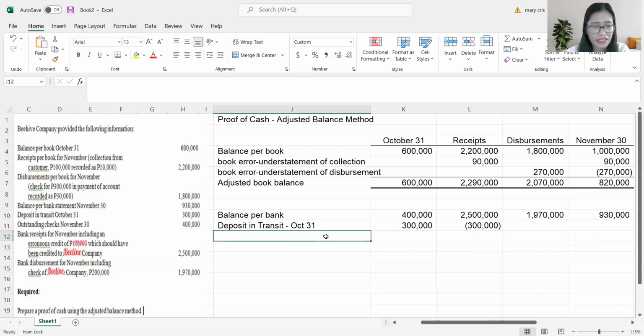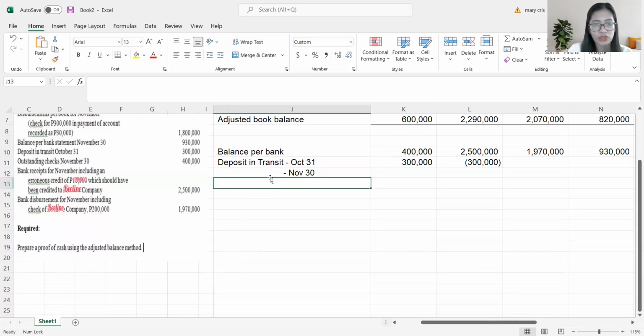Okay, the next thing to do, of course, sana ma-compute natin yung ating deposit in transit sa November 30 kasi hindi siya given. So, kung hindi siya given, then we can always compute for that amount. So, ano ba yung formula ng computation ng November 30 or ending natin na deposit in transit? So, to illustrate, let us try to compute muna the deposit in transit at the end of November.